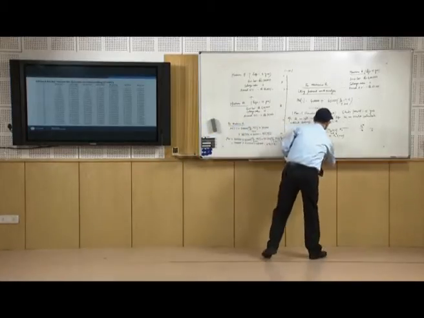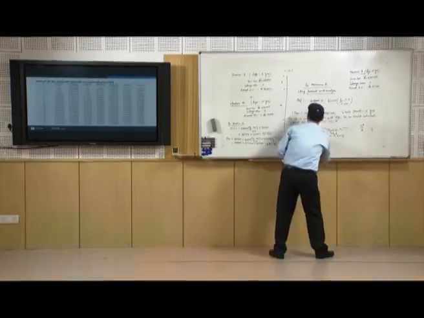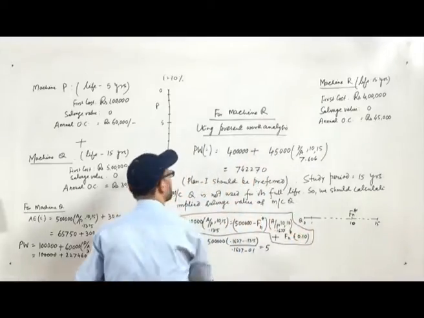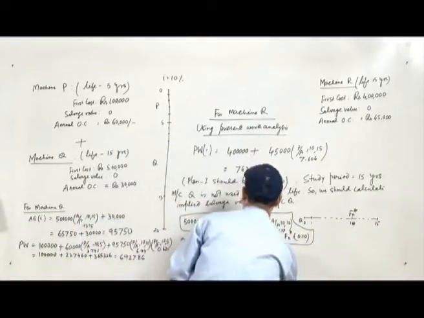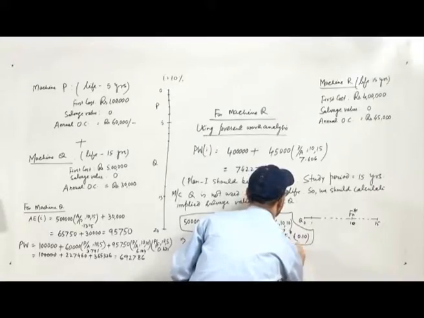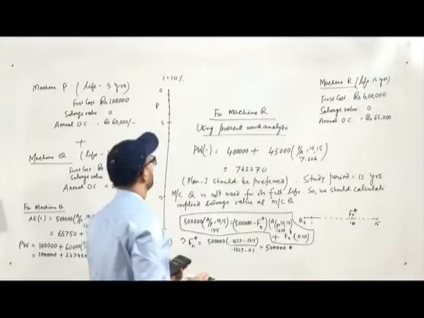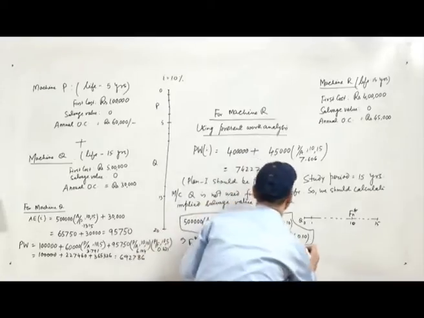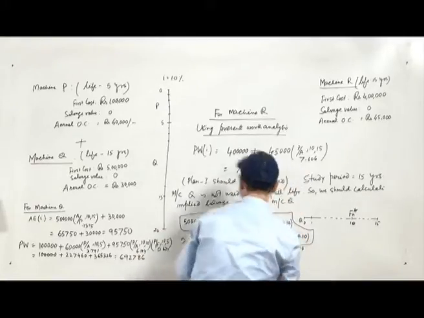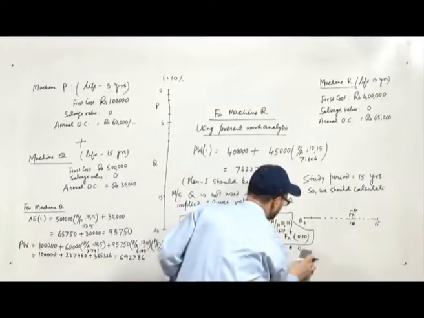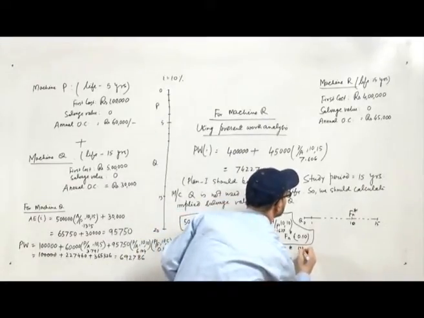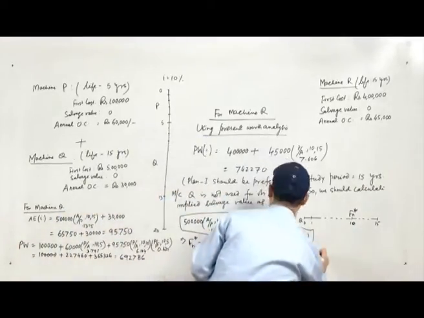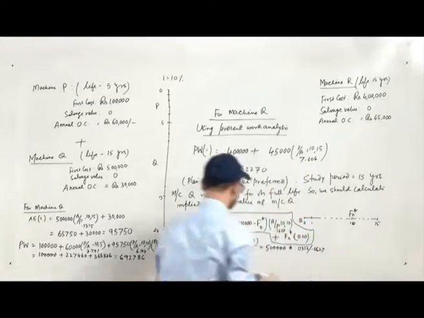So, it will be nothing but 5 lakh, this is our first equation, so it will be 5 lakh multiplied by 0.0312 divided by 0.0627.